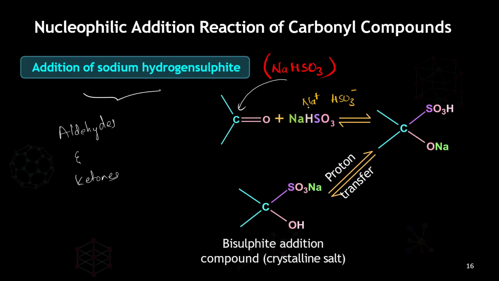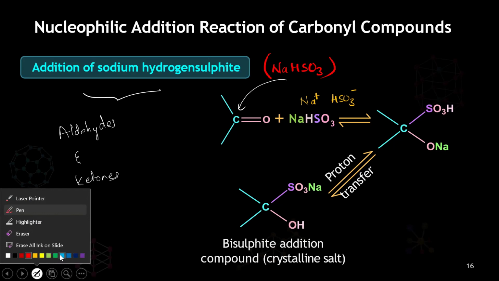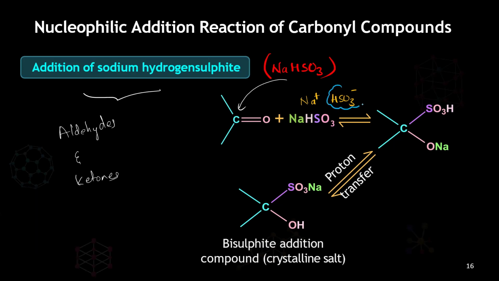Which one acts like a nucleophile here, Na+ or HSO3-? Is a nucleophile positive charge or negative charge? Negative. It's a negative charge. So here the HSO3- is our nucleophile, and this nucleophile will attack the carbon.